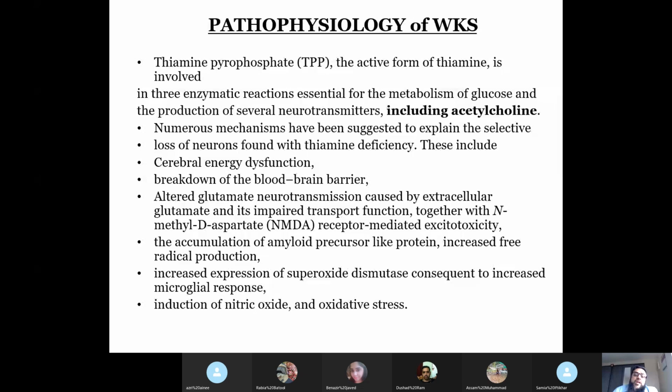So these are all. One was the acetylcholine, then the glutamate pathway, and then amyloid precursor protein, and increased expression of superoxide, of nitric oxide, and oxidative stress. So they're all things which are mediated by thiamine. And if thiamine is not there, then all neurotransmitters will not be either.